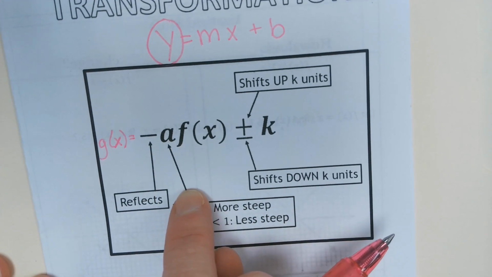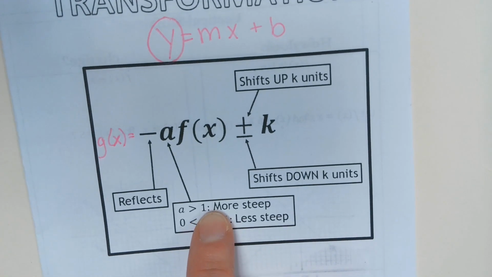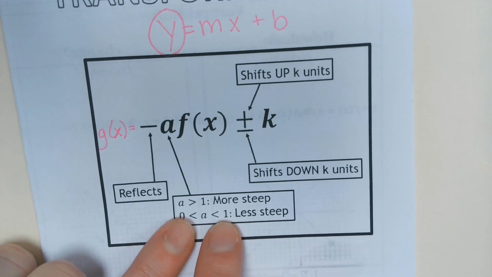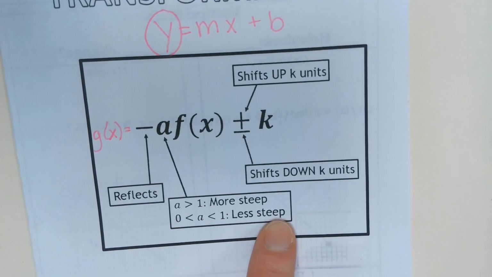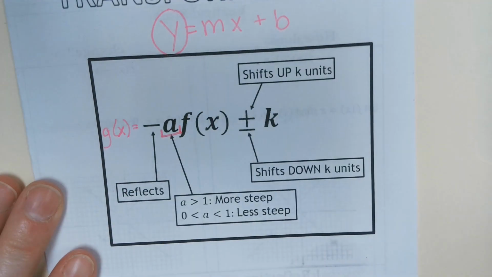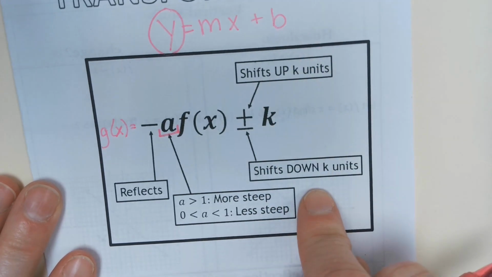Slope determines steepness. So if A is greater than 1, then your line is going to be more steep. But if A is between 0 and 1, that's what this compound inequality is, it's less steep. So the A determines steepness, kind of like slope. The plus or minus k determines shifting up and down, kind of like the y-intercept.